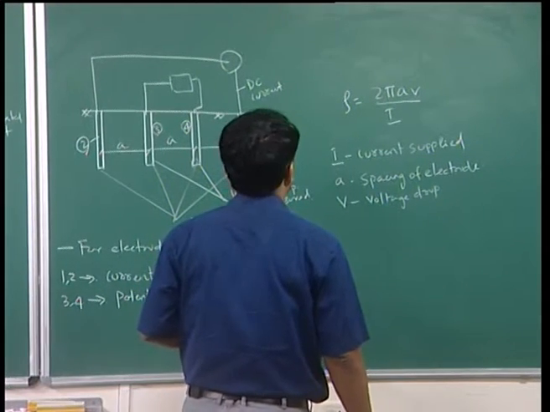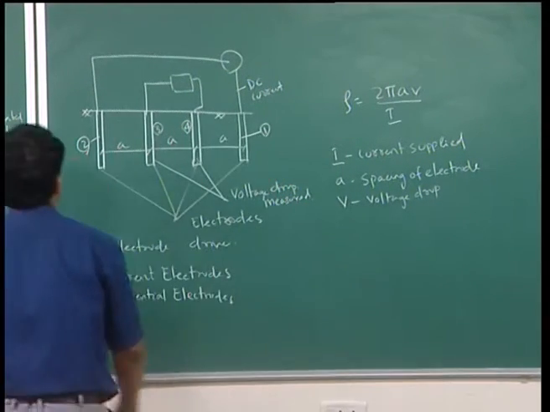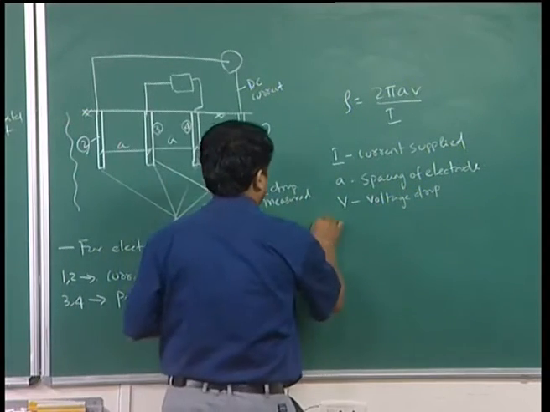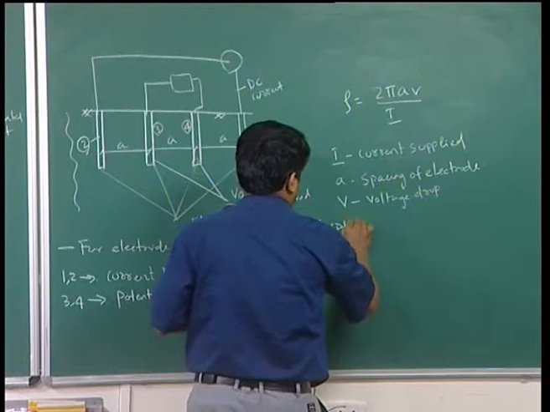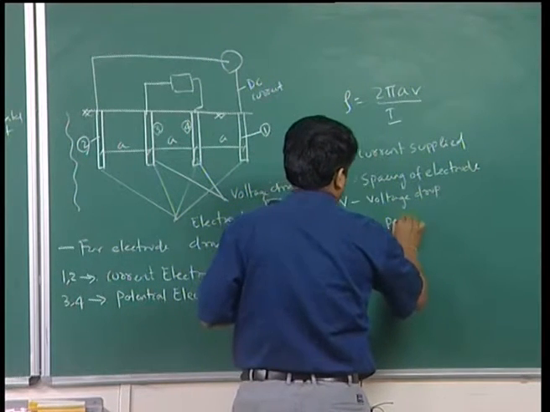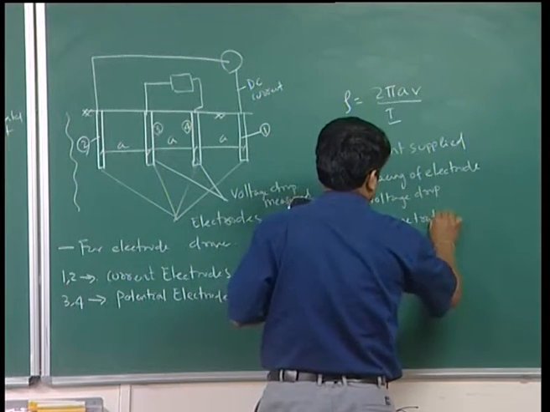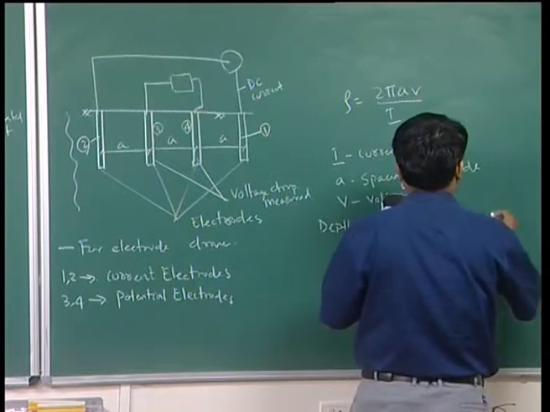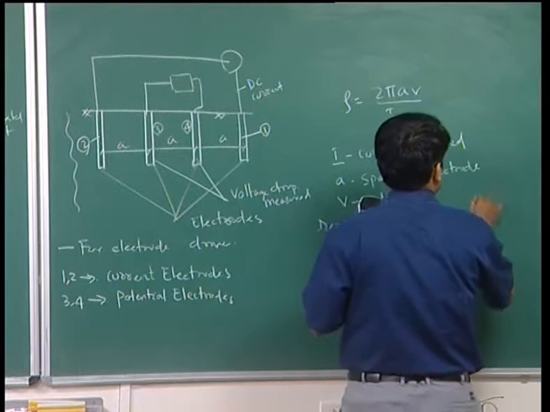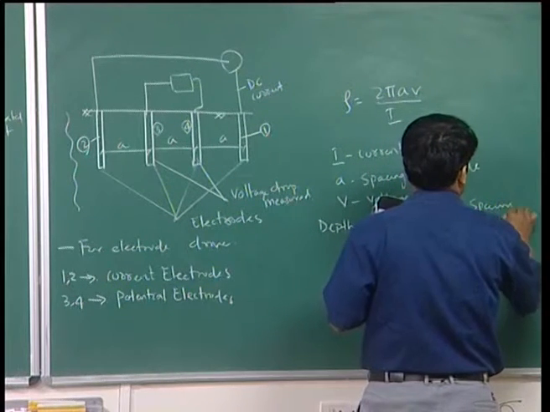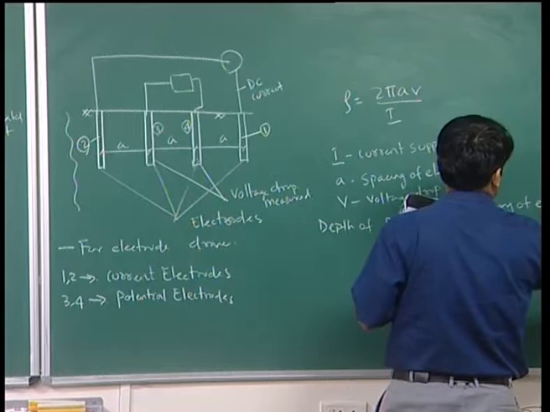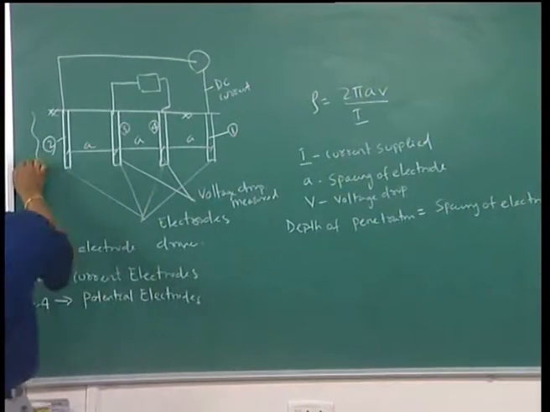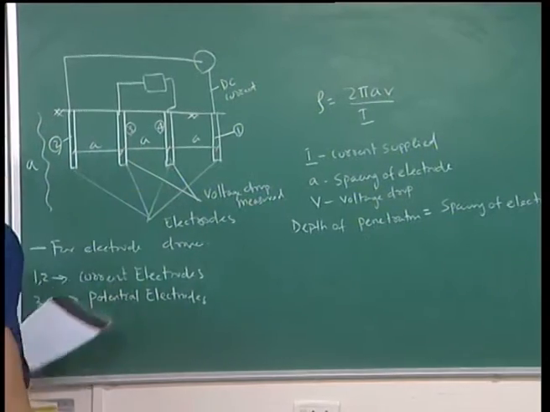So, how much depth of penetration can it go? The depth of penetration is equal to the spacing of electrodes. That means depth of penetration is equal to spacing between these electrodes.